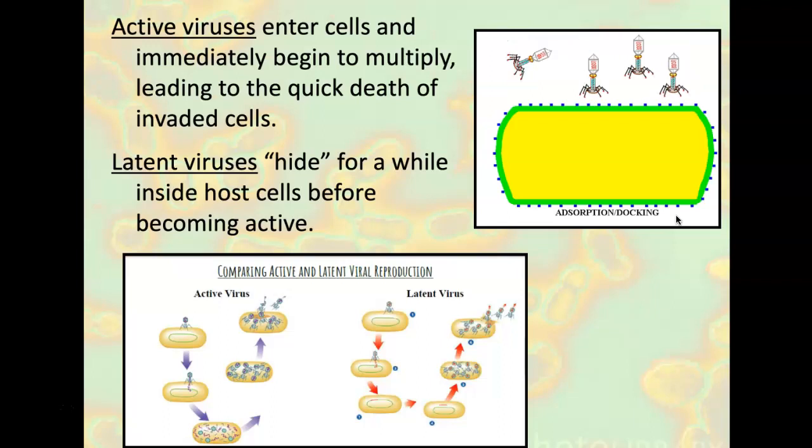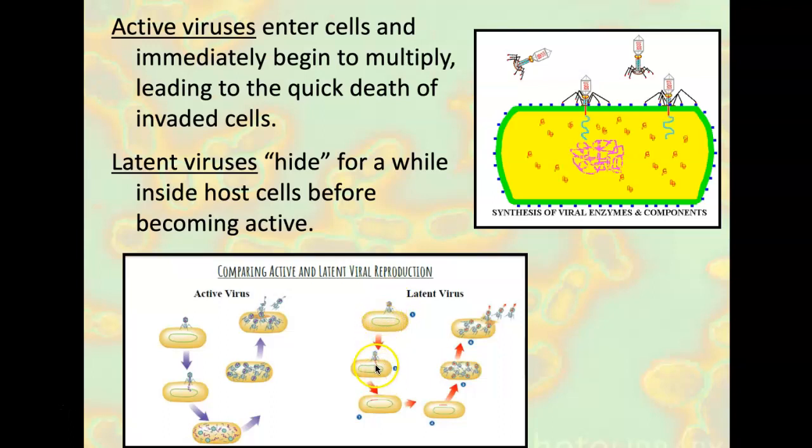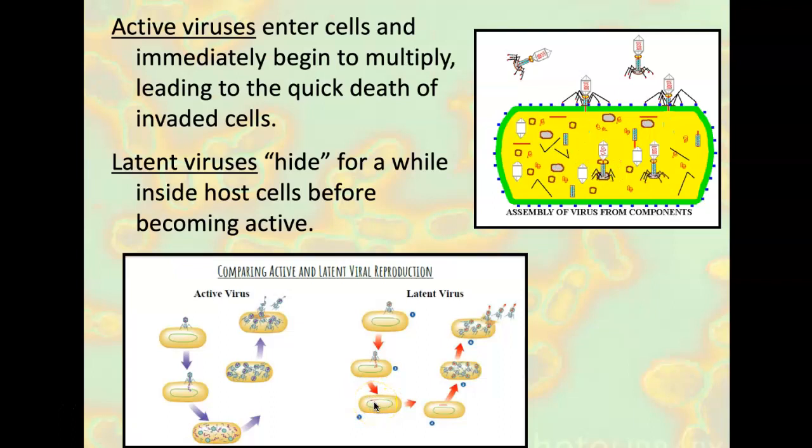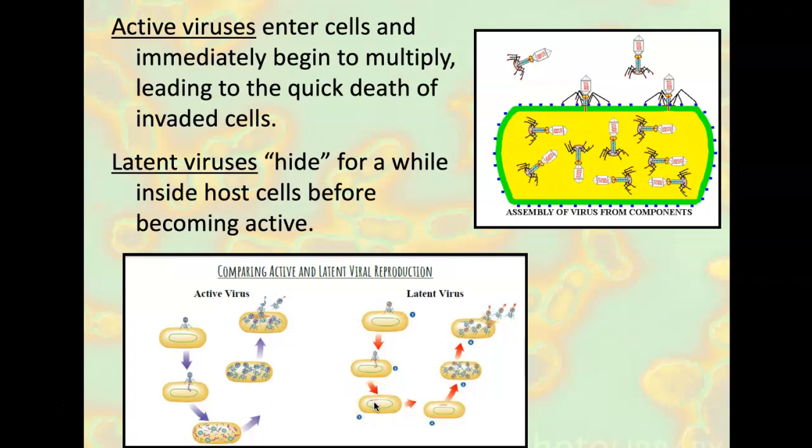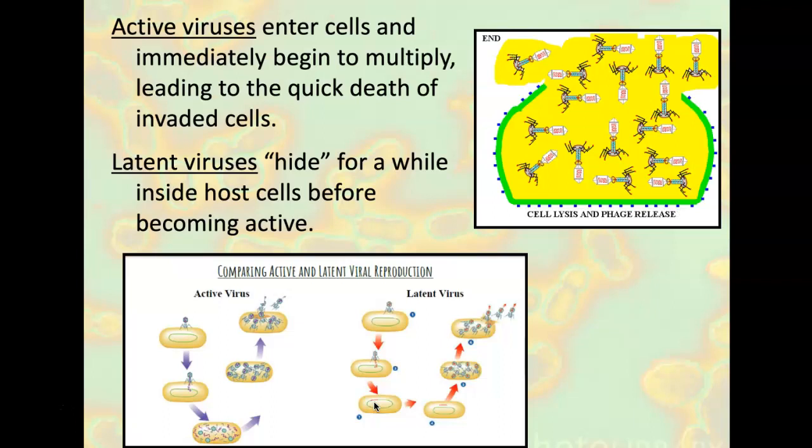Latent viruses, however, are a little bit trickier. Latent viruses can hide within the host cell for a while. So what happens is the virus is going to inject its genetic material, and the genetic material of the virus will merge with the host cell's material, so that every time the host cell replicates, it's going to copy the virus's DNA or RNA, its genetic material, as well.